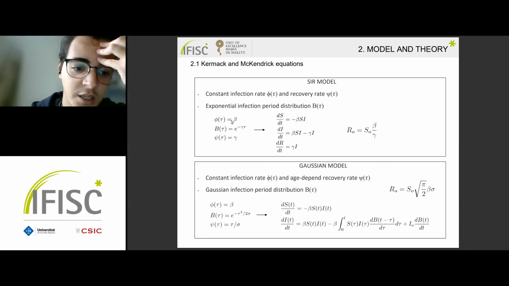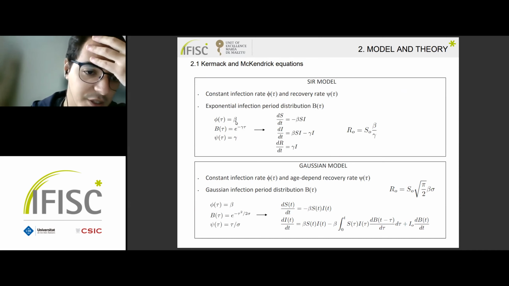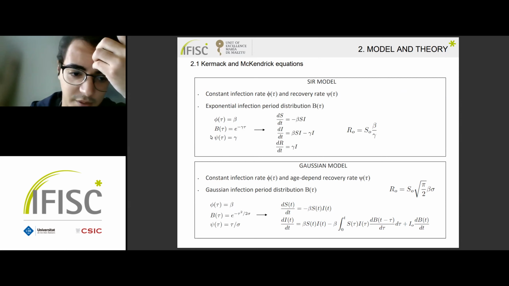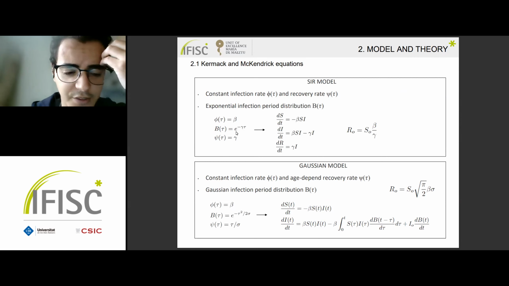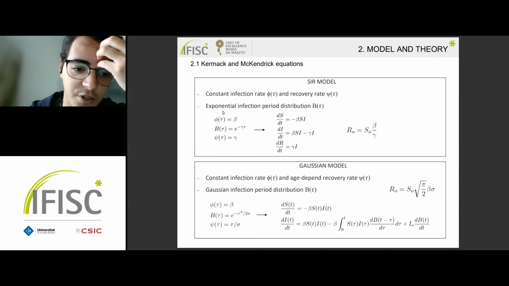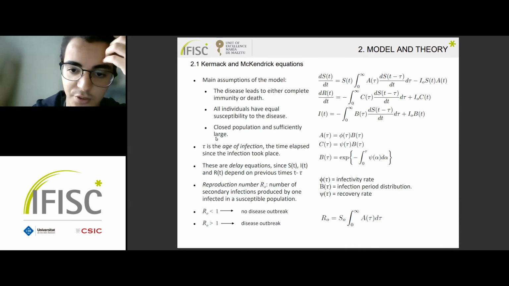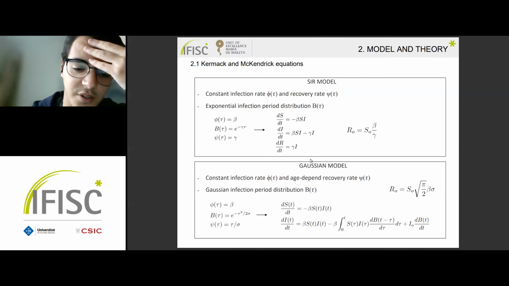The SIR model that uses a constant infection rate beta and a constant recovery rate gamma, and this constant recovery rate gamma has as a consequence an exponential age of infection distribution. If you apply these conditions to the equations that we found before, we deduce the famous SIR model equations, and this is the reproduction number of this model.